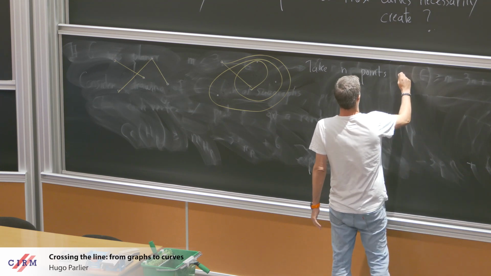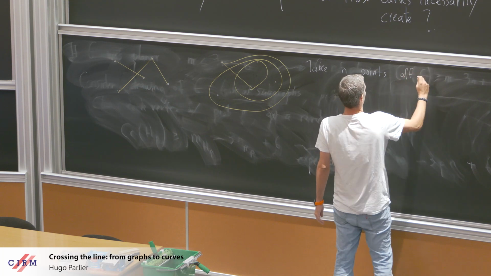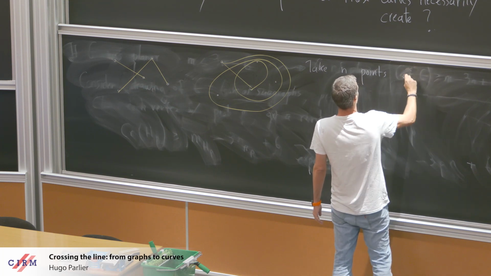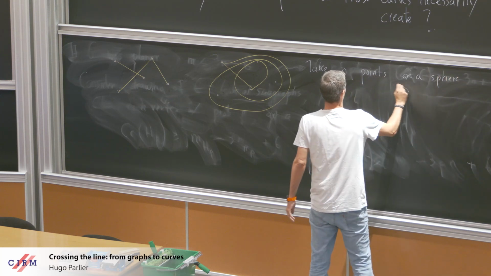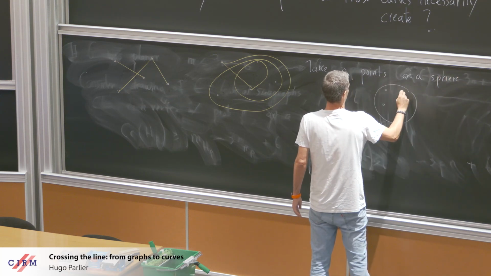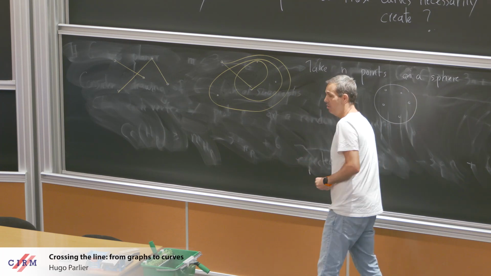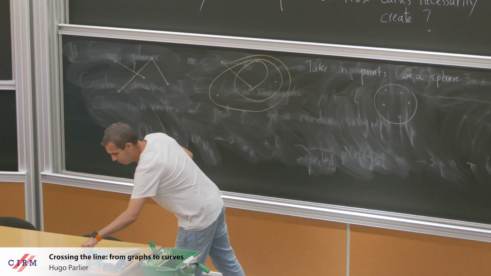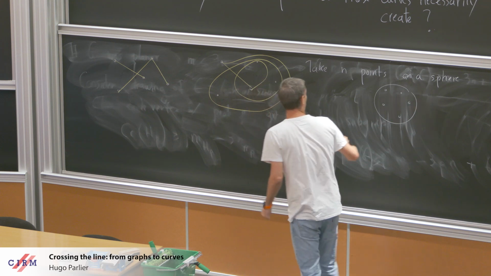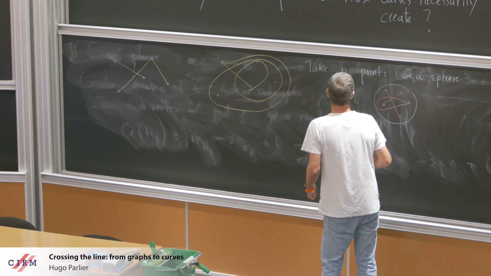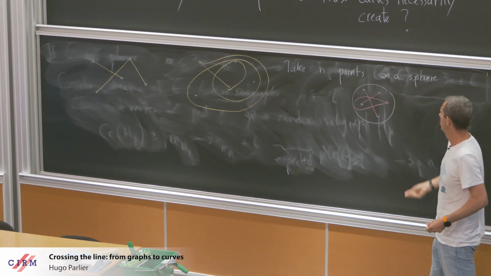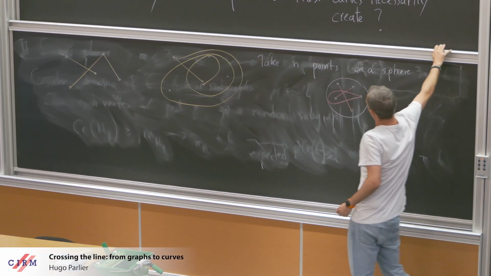Take n points on a sphere. And so now you have n points on a sphere. And now you start looking at arcs, maybe simple arcs, on the sphere. And you ask the same question. Right? Take n points on a sphere and look at arcs.